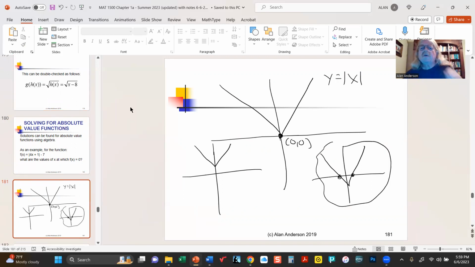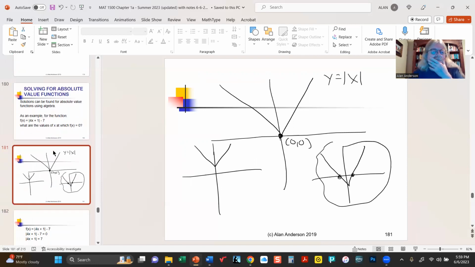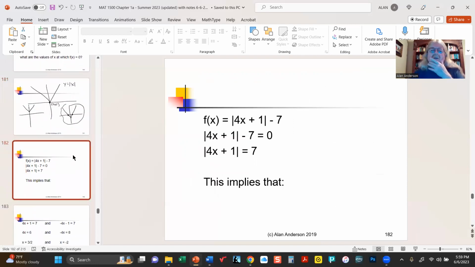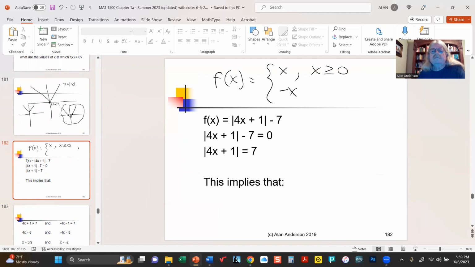Okay, so how in the world would you find both of those solutions? Well, there's several different ways of going about this. And we have to remember how absolute values were defined in the first place. So this implies that there's a different solution when x is non-negative and when x is negative. So the question is how to find them.